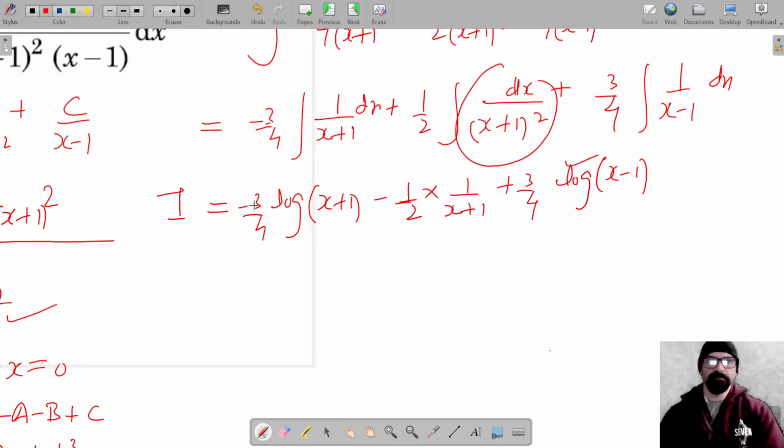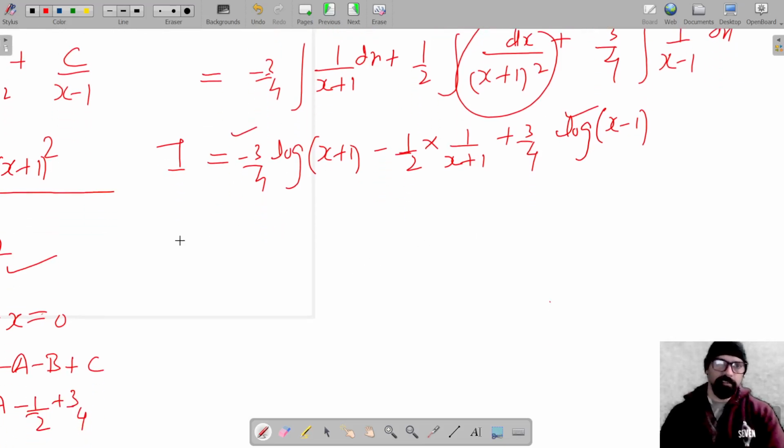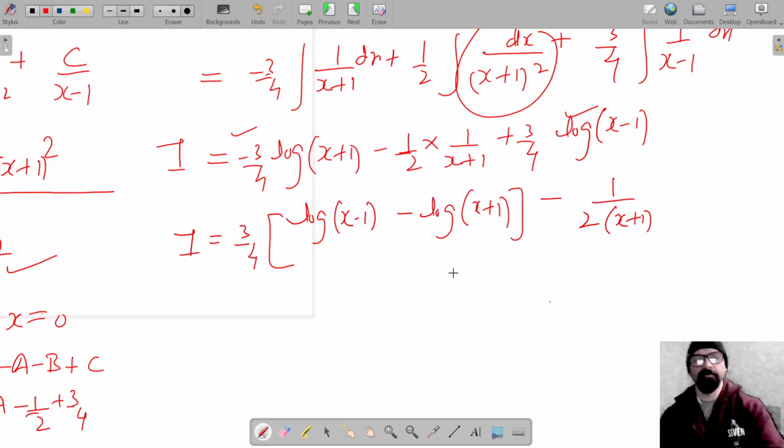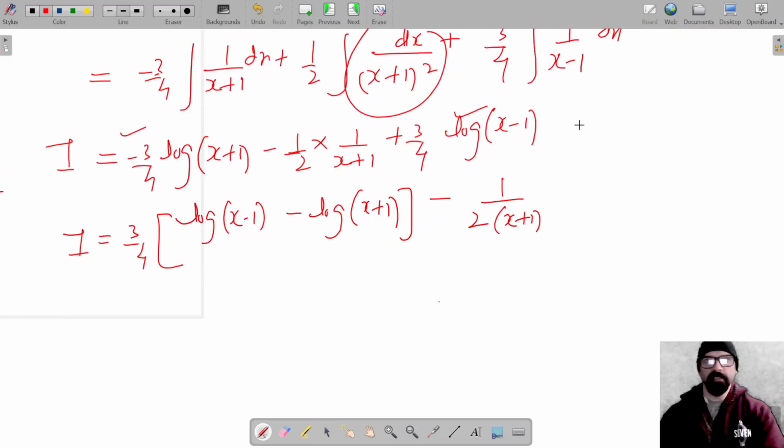Okay, for these two, I can take 3 by 4 common, which gives me log of x minus 1 minus log of x plus 1, and this is minus half of x plus 1. And don't forget to add c when the integration is done.